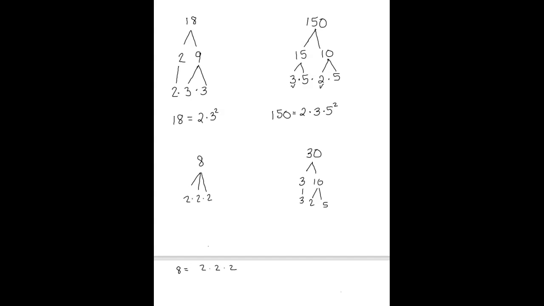For my 30, I'm going to write this down a little differently than maybe you would at the beginning, but there's some merit in why I'm doing it this way. So I'm going to go 2, and then I'm going to move out past this last 2 when it comes to the 8, and I'm going to put down my 3 there, and then I'm going to put down my 5, right? I don't have any other numbers past these 2s, and I don't have anything else to line up with.